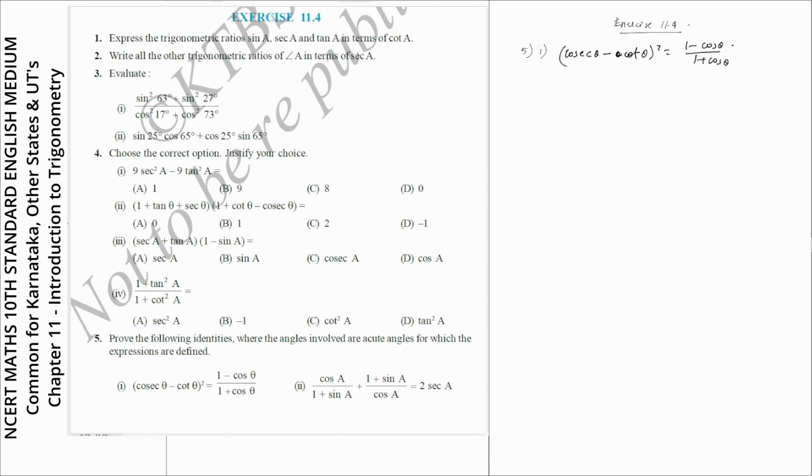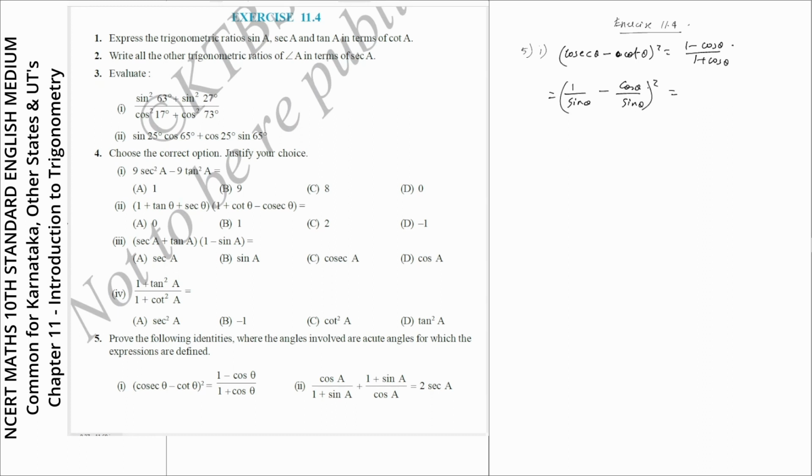Now I'll express all in terms of sin theta and cos theta. So cosecant theta is 1 by sin theta minus cot theta, which is cos theta by sin theta. So left hand side is this thing, the whole square.